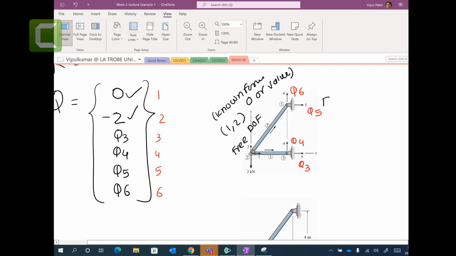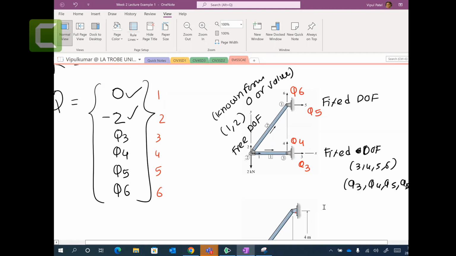When is it a fixed degree of freedom? These are your fixed degrees of freedom because they have a support. Let's say 3, 4, 5, 6. Then these are unknown, and you can write them Q3, Q4, Q5, and Q6 in these vectors.